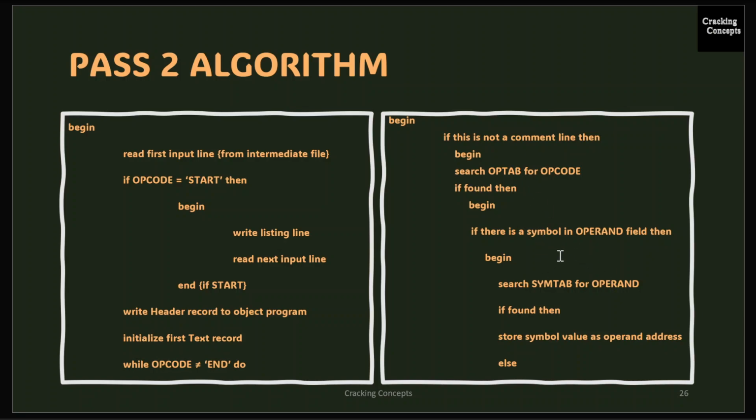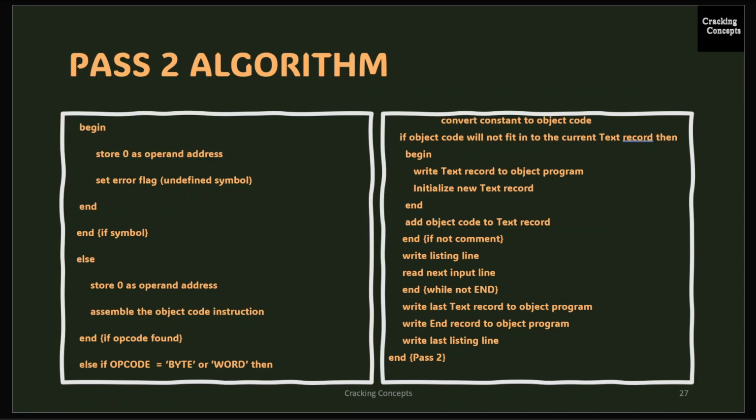And after it finds a match for that operand in symtab, it will store that symbol value as the operand address. And if it is not found, it will store it as 0 because it couldn't find that symbol in the symbol table. Means it's an invalid symbol. So it's marked with a 0.